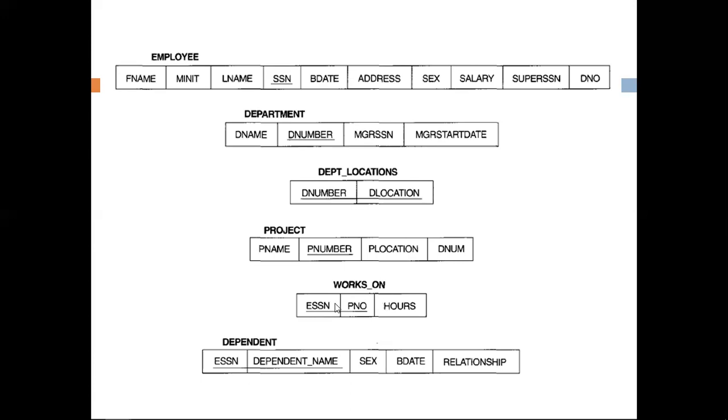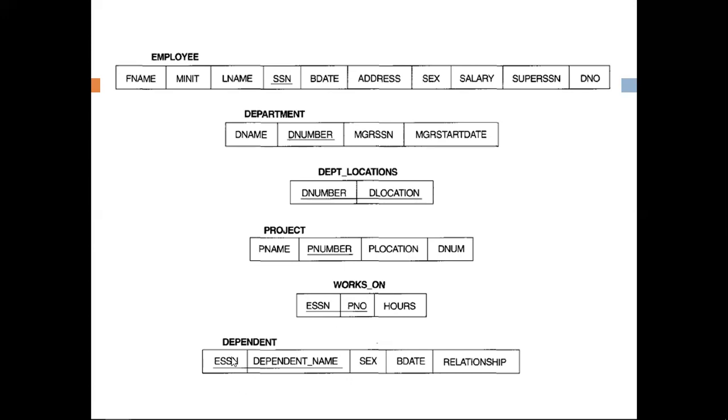Works on is the relationship between the employee and a project. It holds the SSN of the employee, the project number, and how many hours this employee works on this particular project. One employee can work on any number of projects, and each project can have any number of employees. These two together form the prime attribute.